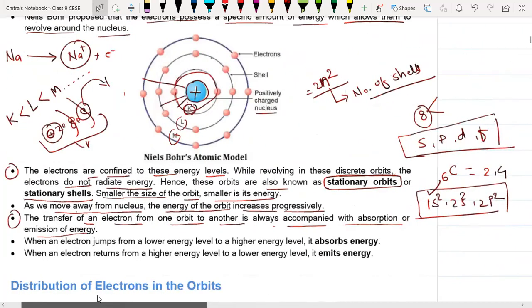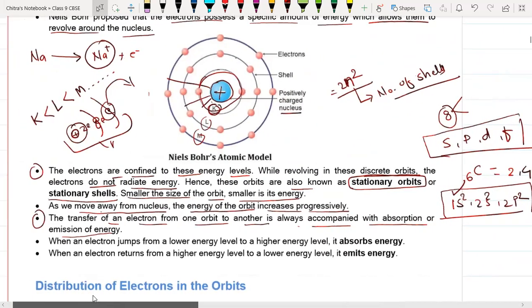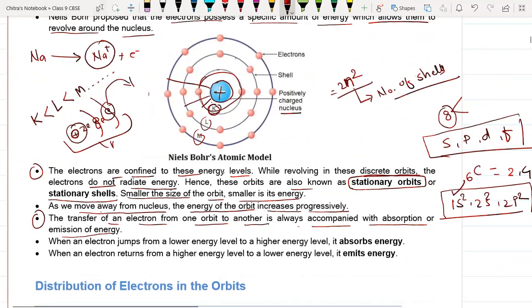So where the transfer of electron takes place, from one orbit to another is always accompanied with the absorption or emission or release of energy. When an electron jumps from a lower energy level to a higher energy level, it will absorb energy.